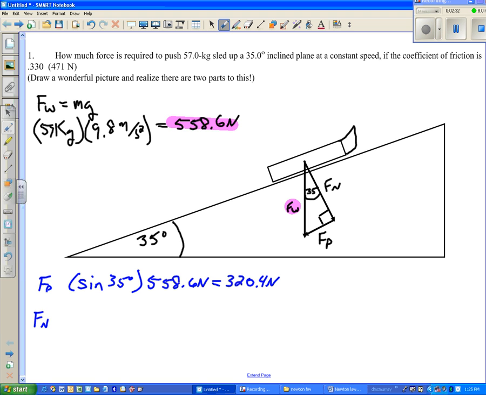The reason being is because the normal is the adjacent and the weight is the hypotenuse, and adjacent over hypotenuse, that's cosine. So I'm going to end up saying the cosine of 35 times the weight. And that's going to get us the normal, which is 457.6.